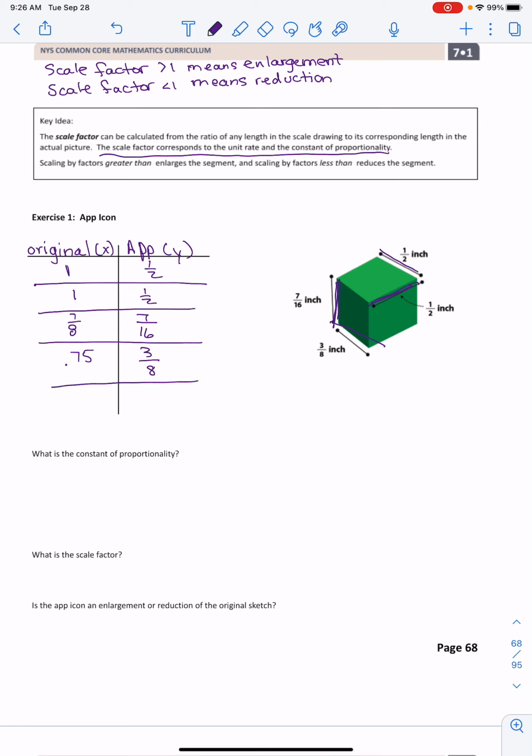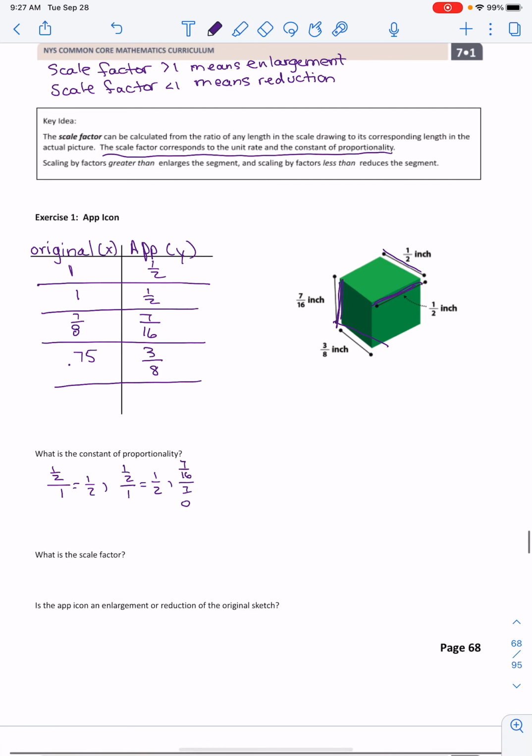So now it says, what is the constant of proportionality? Well, here we have 1/2 over 1, which is 1/2. We have 7/16 over 7/8, which is 1/2.